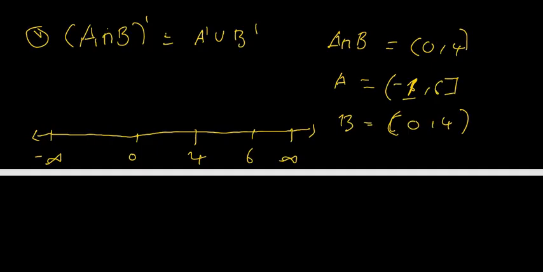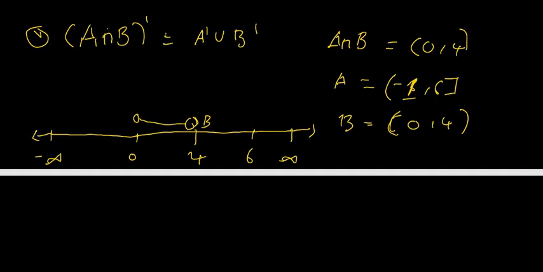Okay, so we can write down this where from 0 to 4, this is our B, which are both not included.